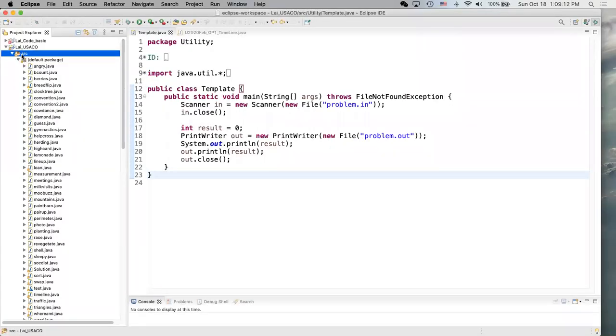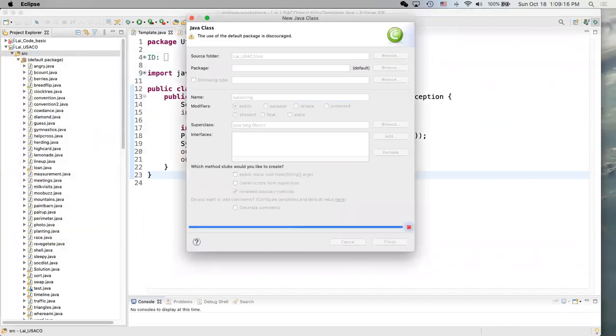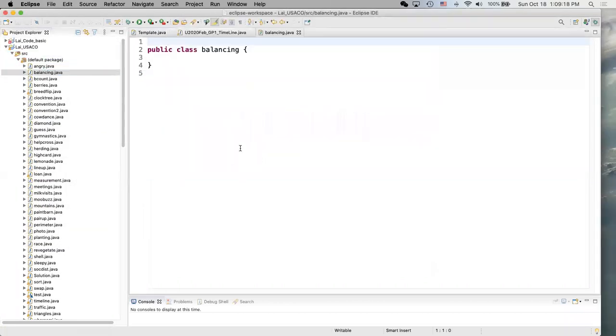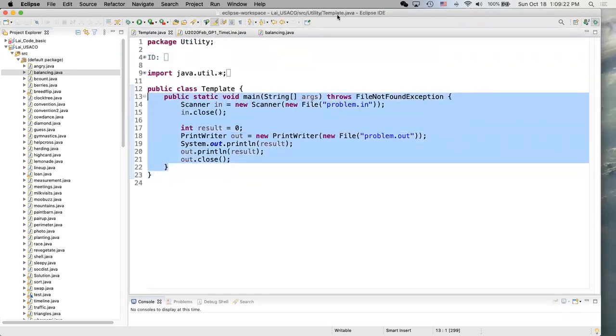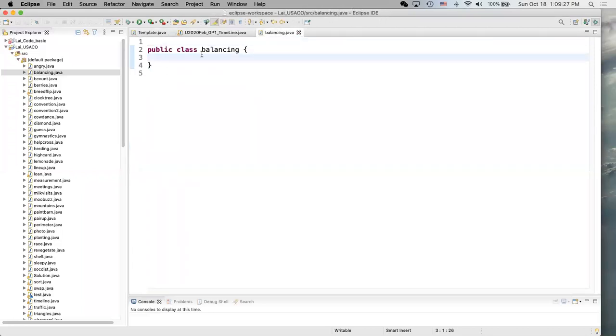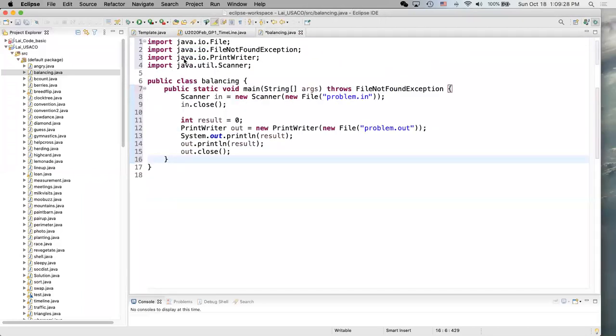So create a class called balancing, and use the template. The template is basically the way to read inputs, output, and mix the output so they can upload for a check. If people have a question regarding the template, talk to me offline, but we don't want to spend time here.